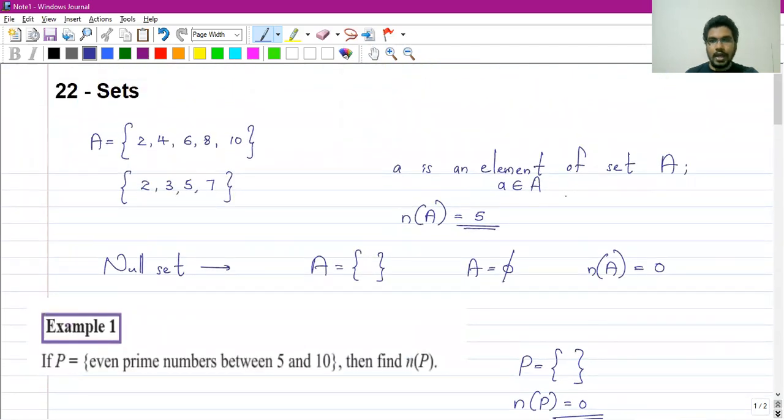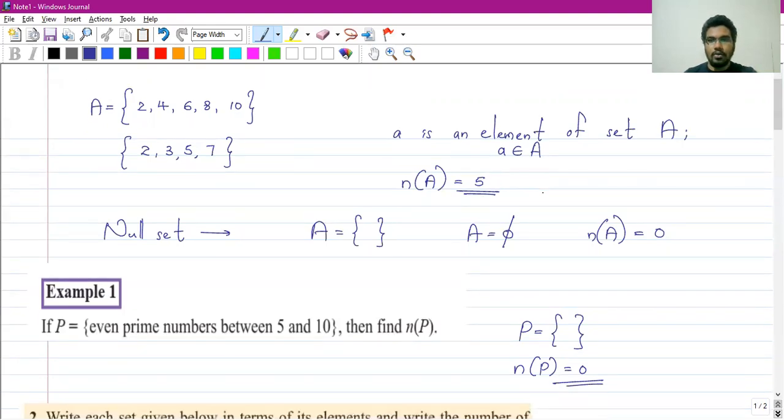If simple a is an element of set A, we can denote it like this, and don't mess it up.